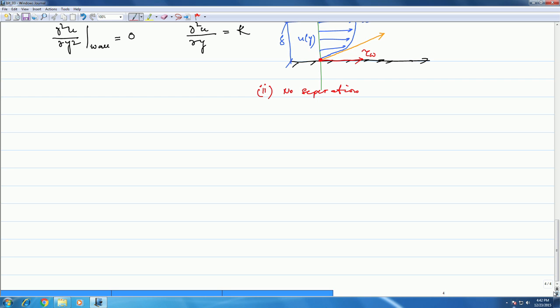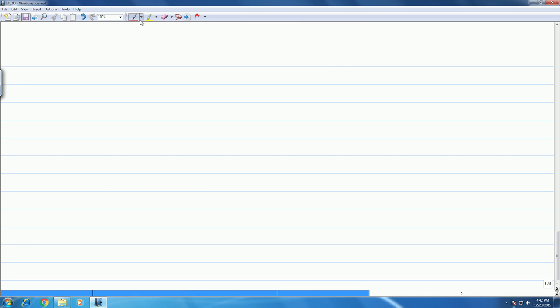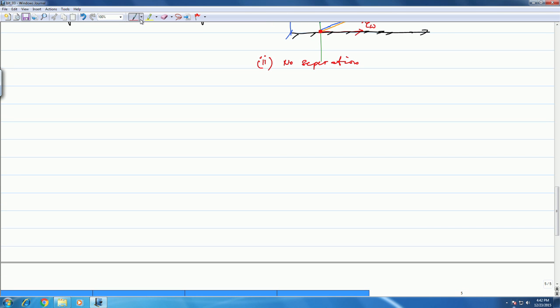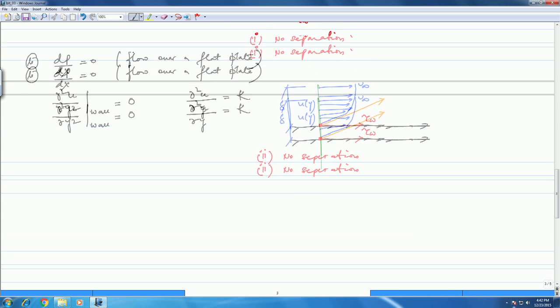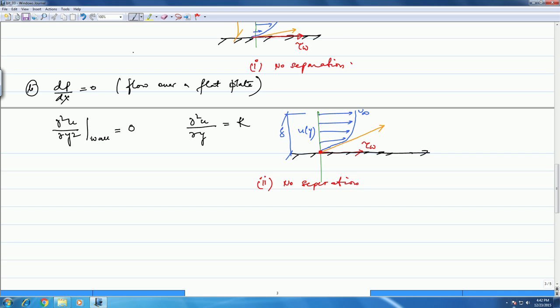And now the interesting thing is that we are going to look at this. So now the next thing is we'll look at basically the adverse pressure gradient.